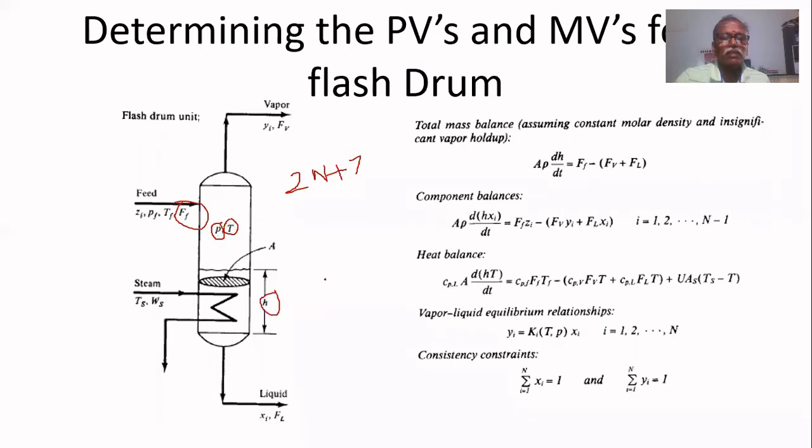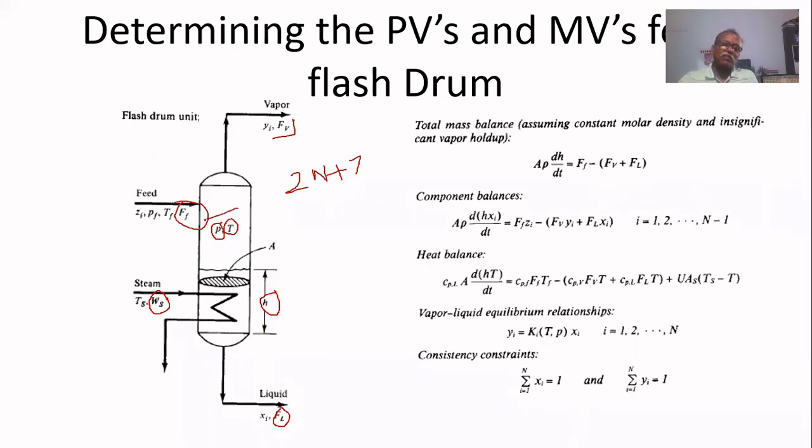Four variables have to be controlled. For that, what are the manipulated variables we have taken? Feed flow rate to control the feed flow rate. The vapor flow rate, this is another manipulated variable, to control pressure, and steam mass flow rate to control the temperature. This liquid flow rate to control H. That way we have seen yesterday.